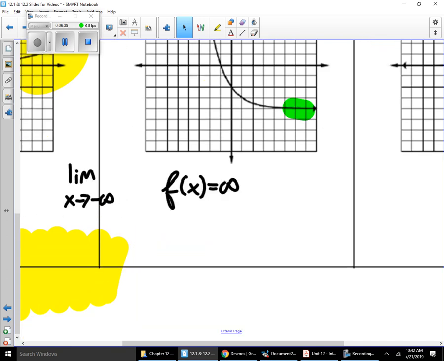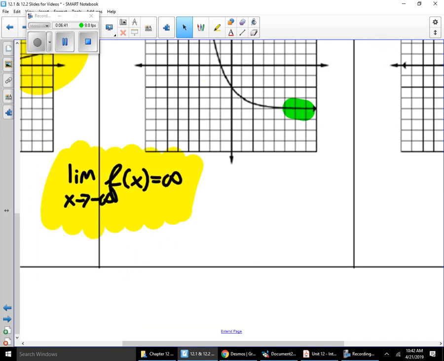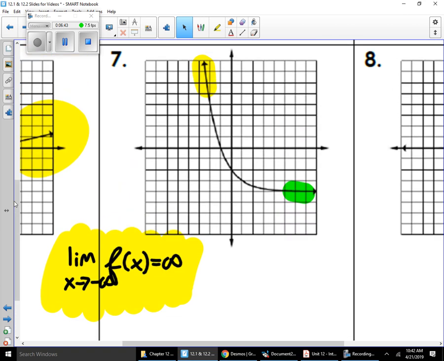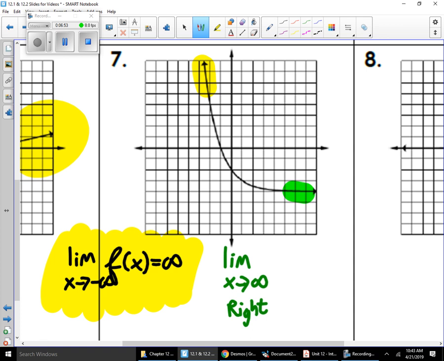Get a little more room. The more interesting side is actually on the right here. So as x tends to positive infinity, now we're talking about the right-hand side of this graph. This function is no longer approaching infinity. It's approaching negative 1, 2, 3, 4.